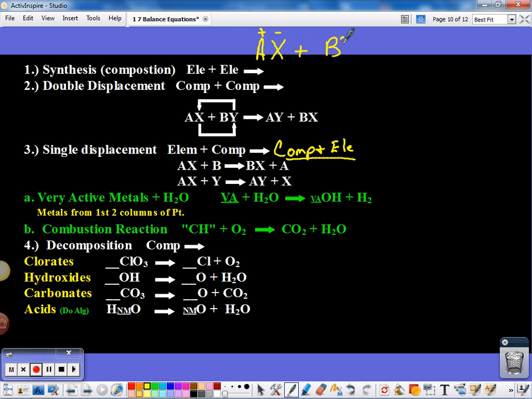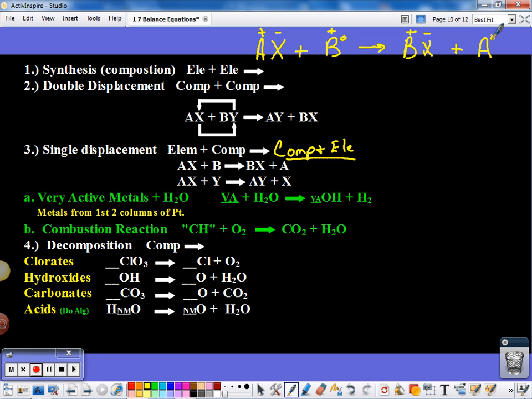This B right here has a 0 right now, but if you look it up on your pink sheet, you will find that it has a positive charge. So when you replace positives, you get BX plus A. When you get through, you have a plus charge with a minus charge, and the A has a 0 charge now because it's in a space by itself.